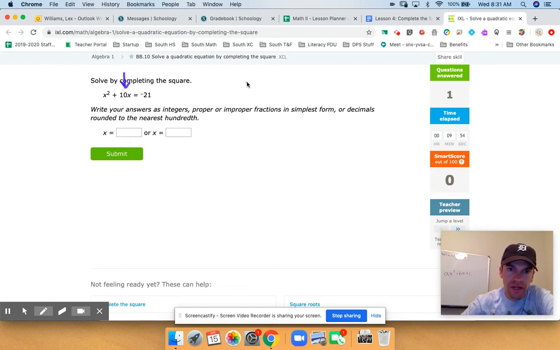So 1/2 times 10, and then take all of that and square it. 1/2 of 10 is 5, right? So 5 squared, and that's 25. So we're going to add that on to each side.